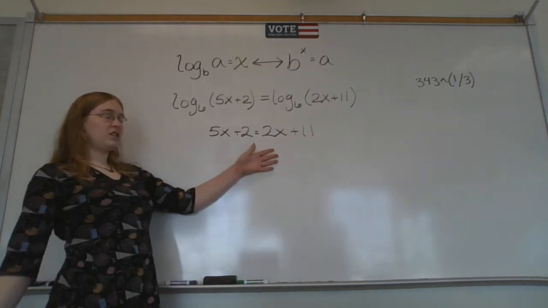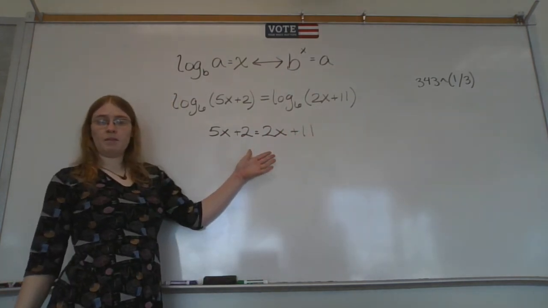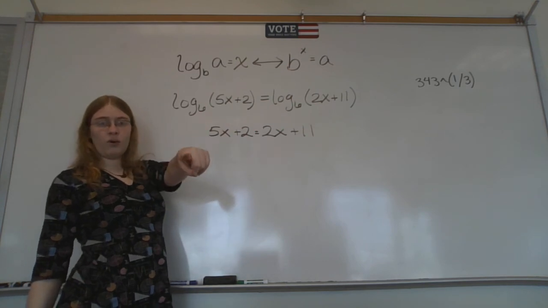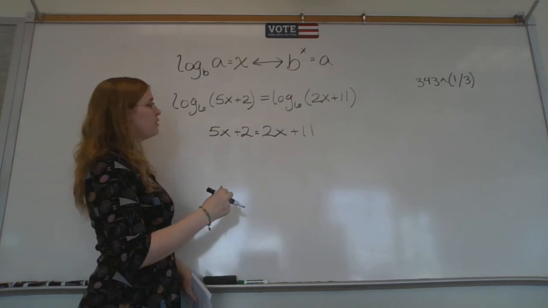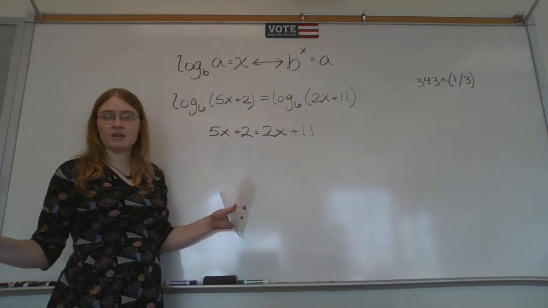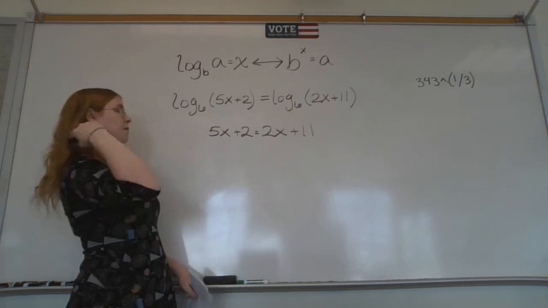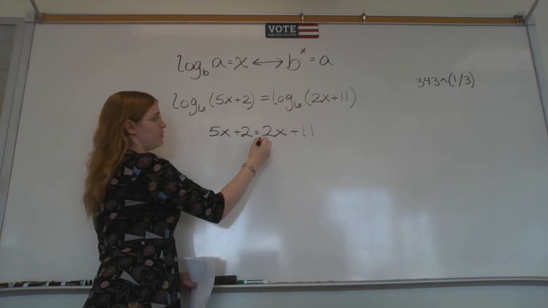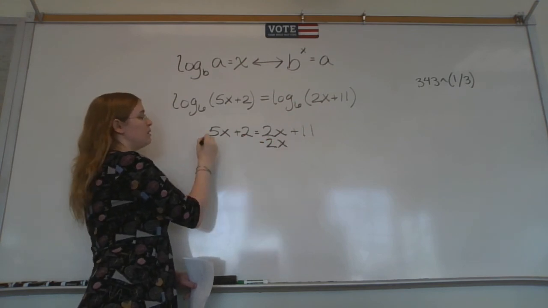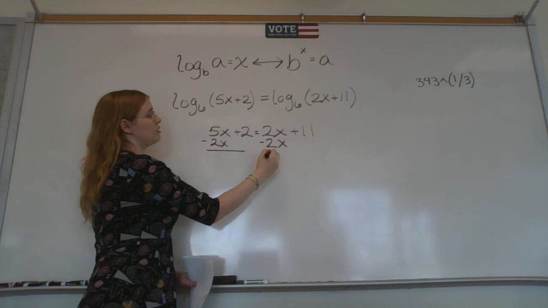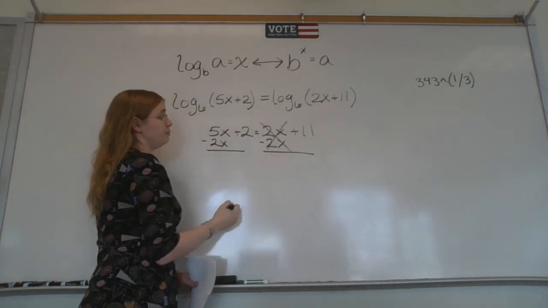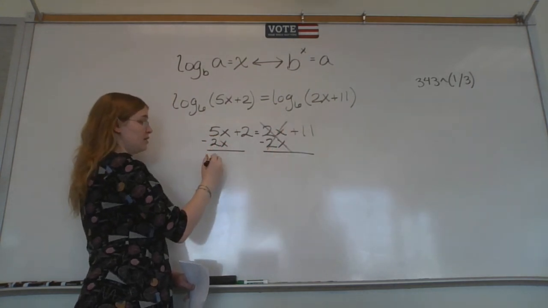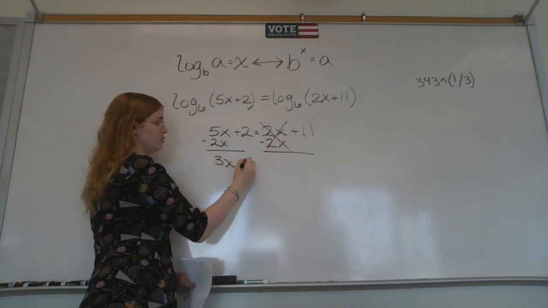And what's the right first step for this one? There's 4 different options. The possibilities are endless, and by endless, I mean there's 4 of them. Okay? I usually subtract the smaller x term first. No particular reason, that's just my habit. 5x minus 2x is 3x.